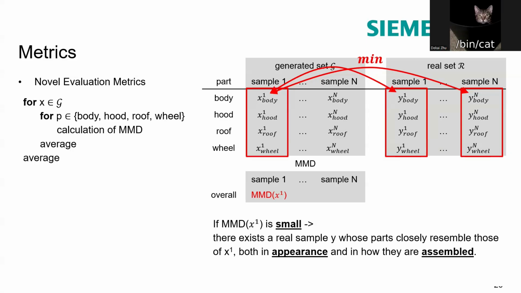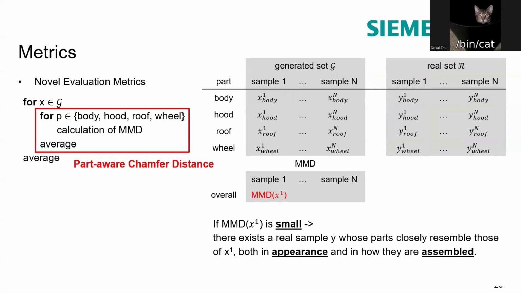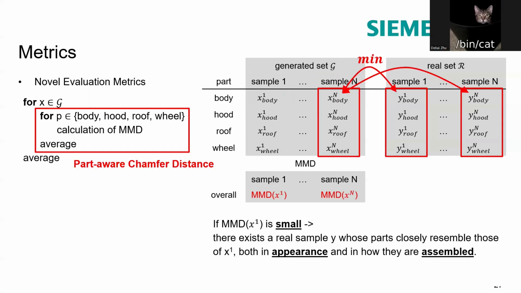So this means that this generated sample one has not only very good geometry quality, but also good interpart coherence. We refer to the calculation within this highlighted bounding box as the part-aware chamfer distance.